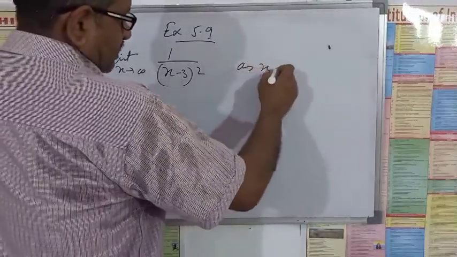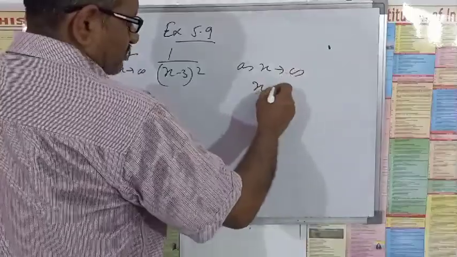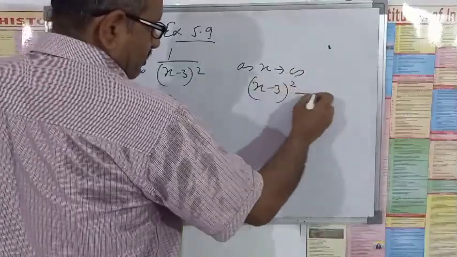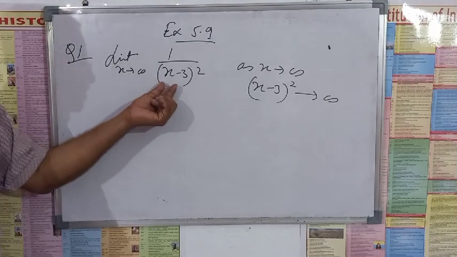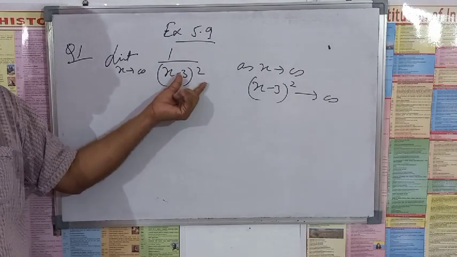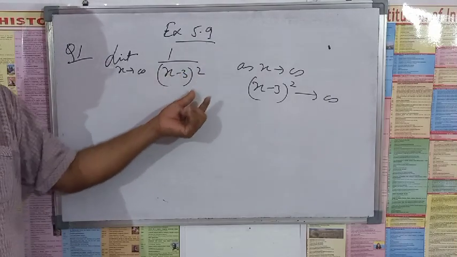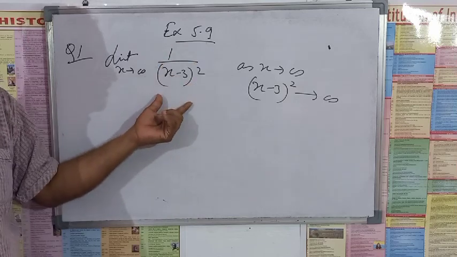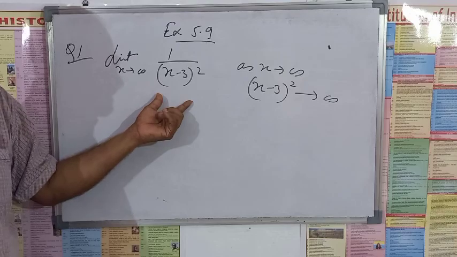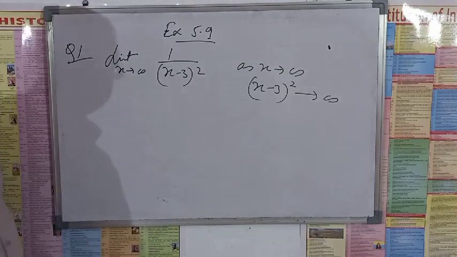As x tends to infinity, what will be (x minus 3) whole square? It also tends towards infinity, meaning a very large value, and 1 upon a very large value means we will get a very small value, near 0.